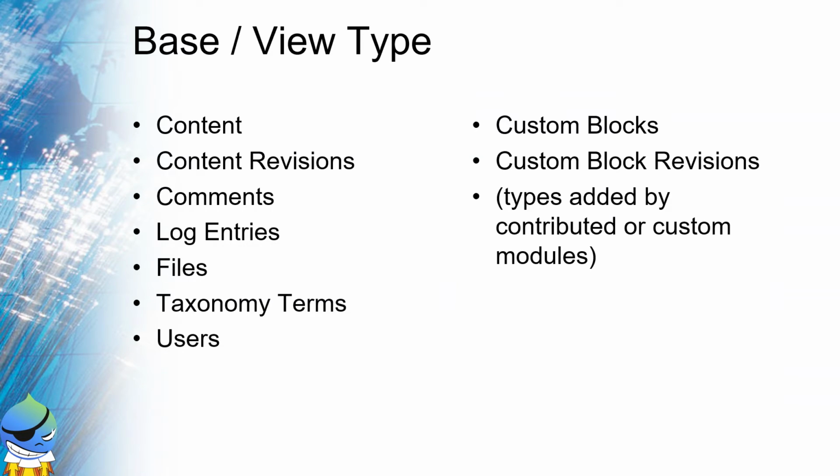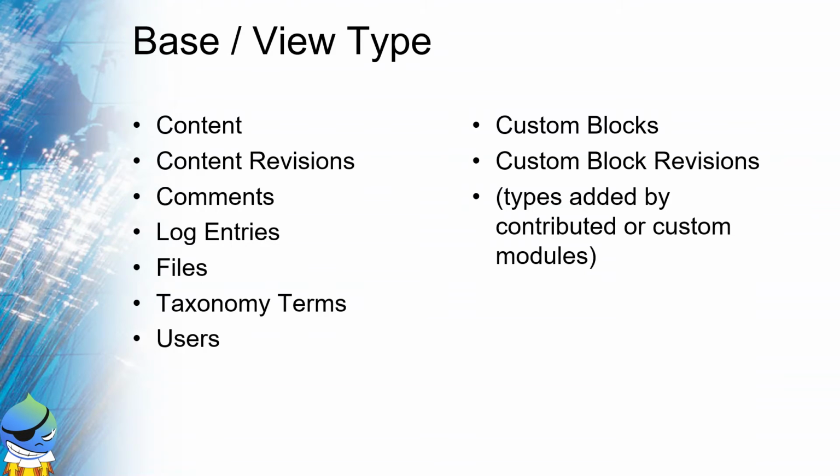You can do views of log entries, which is an interesting concept that probably isn't too practical, because one of the things they tell you when you deploy to production is turn off the DB log module because it's resource intensive, and that's a view of the DB log, so it wouldn't do you much good at that point. You can do views of files, taxonomy terms, users. You can actually do views of blocks within Drupal 8 because blocks are now entities just like nodes were before.